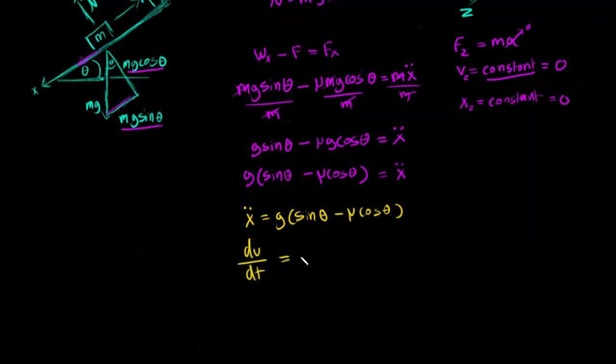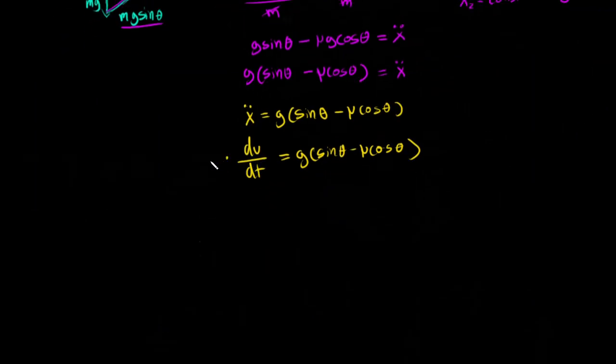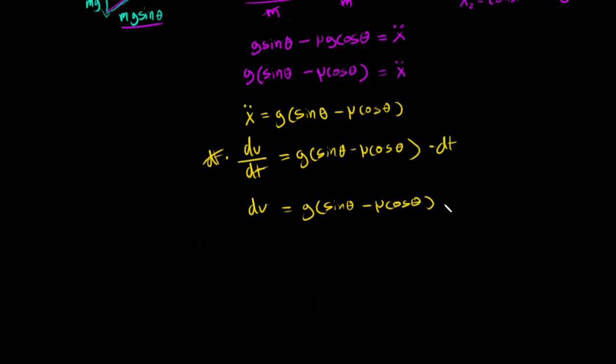So let's rewrite everything we have so far. Now we'll multiply both sides by dt, cancels out here. We're left with dv is equal to g sine theta minus, and then everything we have above, times dt.